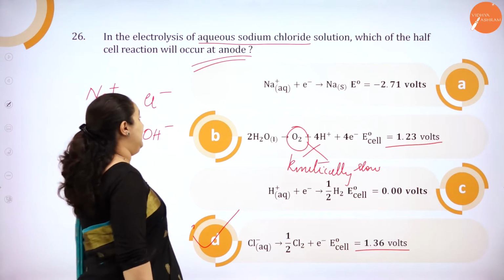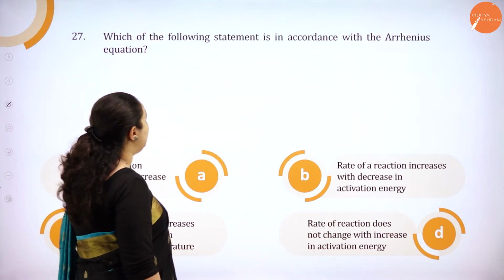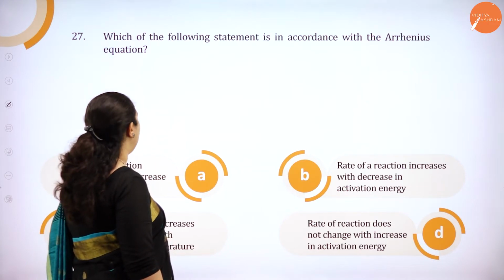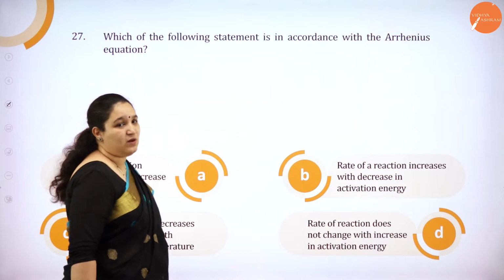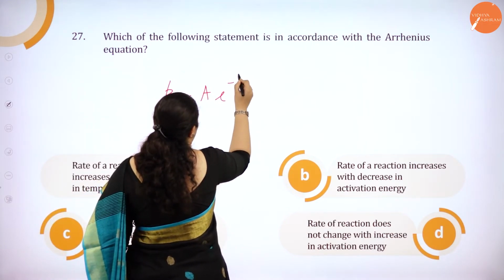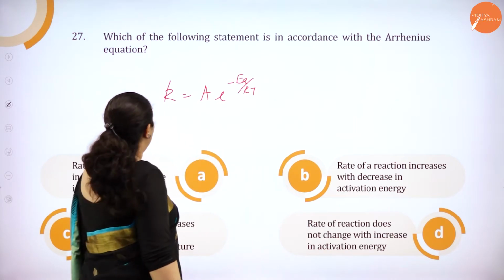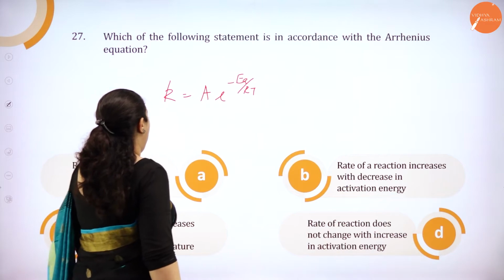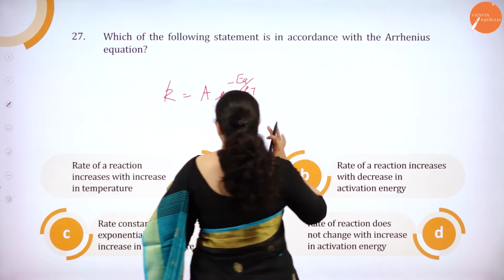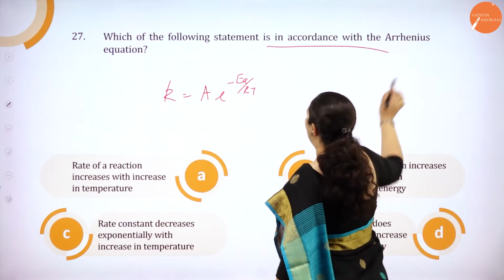Correct? Next one. Which of the following statements is in accordance with the Arrhenius equation? The Arrhenius equation is k = A e^(-Ea/RT). Now they are asking us, in accordance with this equation, which is the correct statement.